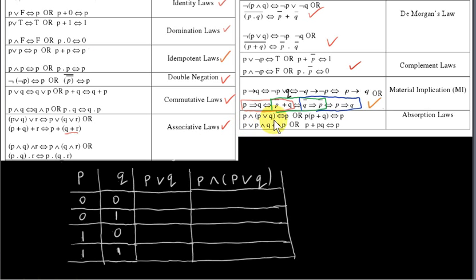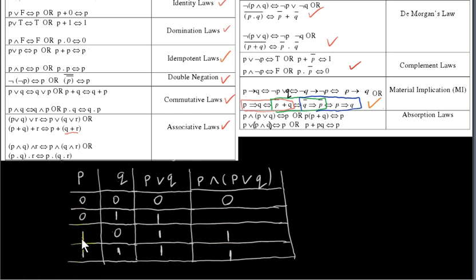The first absorption law says that P and (P or Q) is equivalent to P. Let's look at P or Q. It's false when both P and Q are false, otherwise it's 1. We want P and (P or Q), so we're going to combine this column with this column. It's false when either is false, and only true when they're both true.